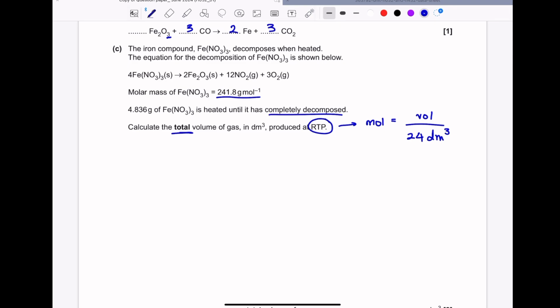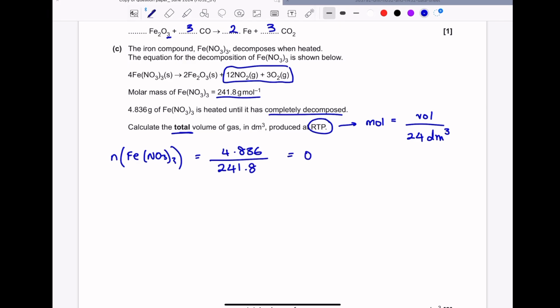Well, in this equation, we can see we've got 2 products that are gases. Now keeping that in mind, it looks like we could calculate the moles of Fe(NO3)3 because we've been given the mass. So the moles of this, Fe(NO3)3, would be equal to its mass, 4.836, divided by the Mr, which is 241.8.